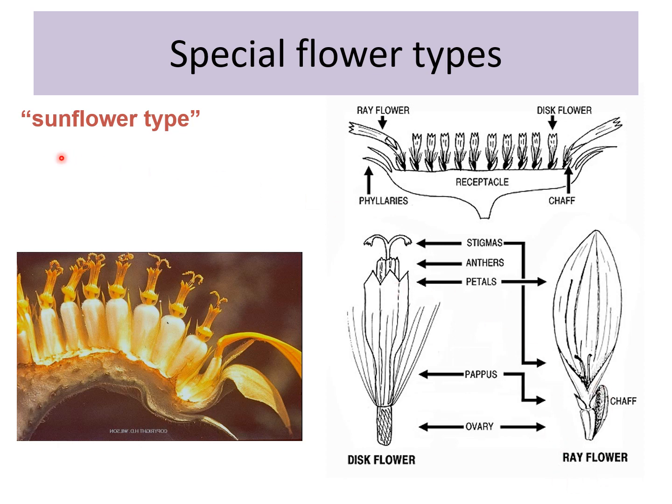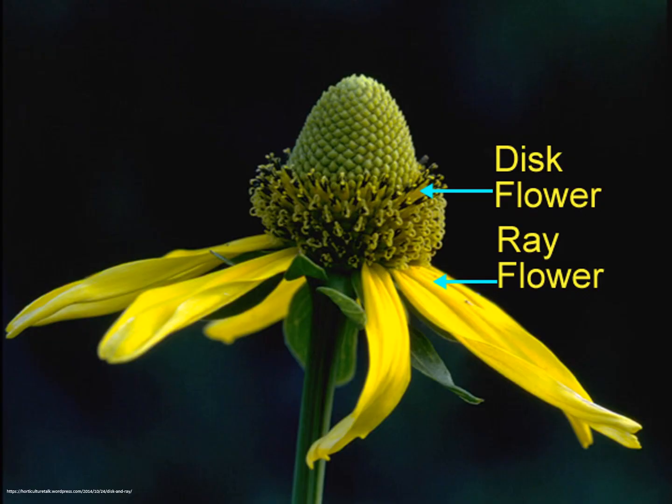So this is the main character of the sunflower type. And here is an example of the sunflower type composed of disc flowers and ray flowers.